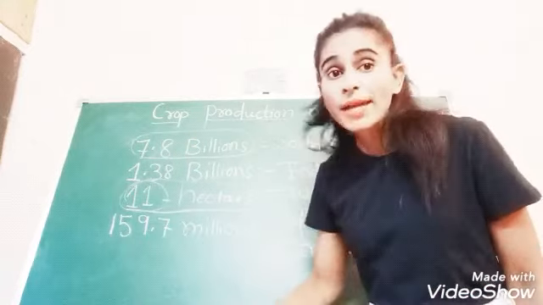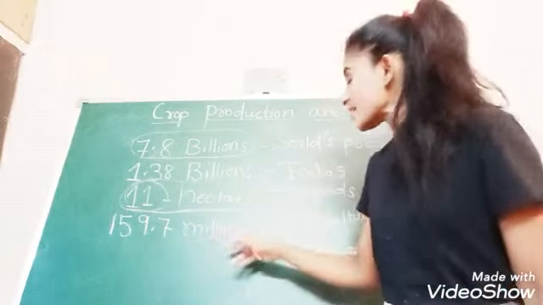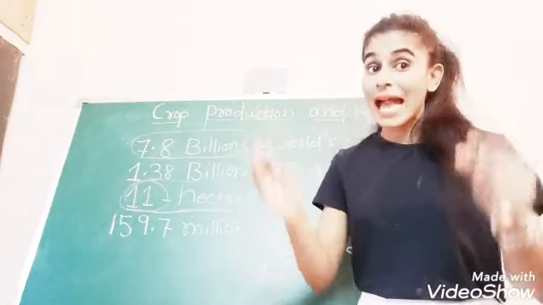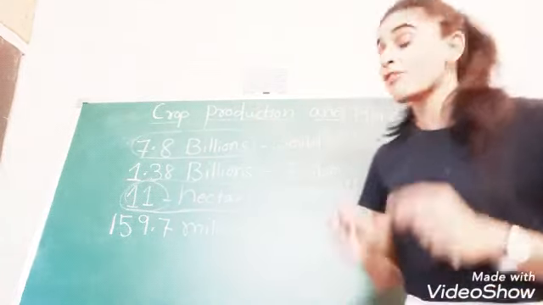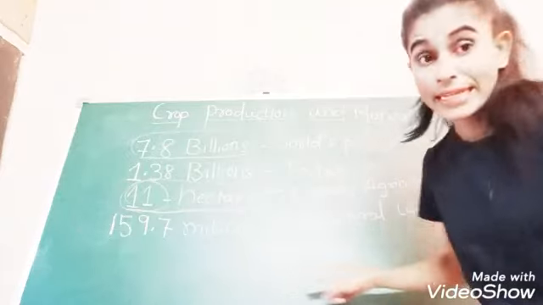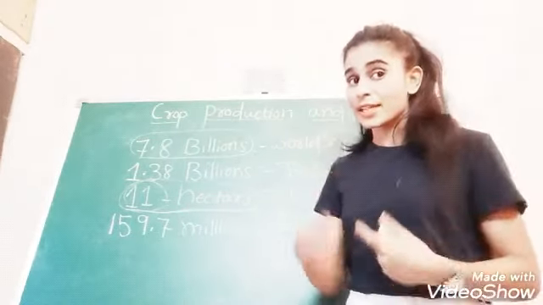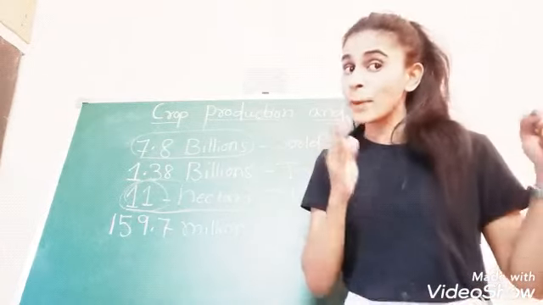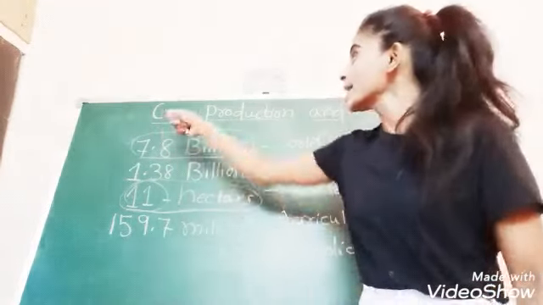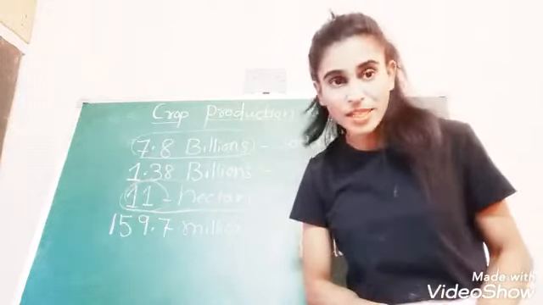The last one, 159.7 millions, is the land cultivated for agriculture in India. Now you got the picture why we need to read crop production and management.